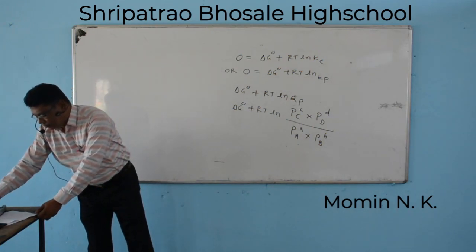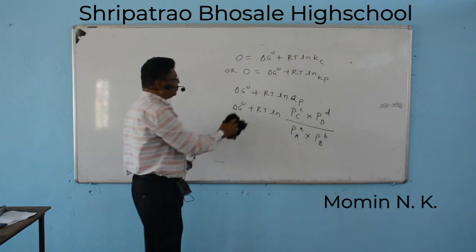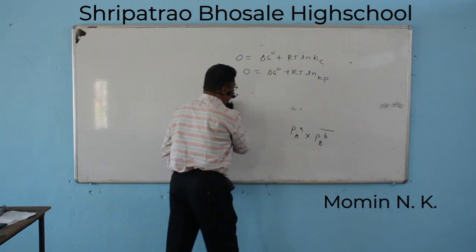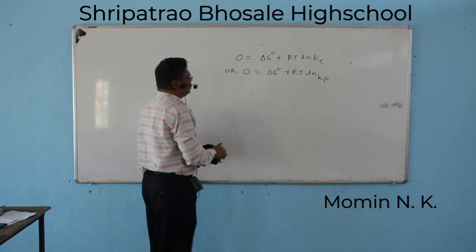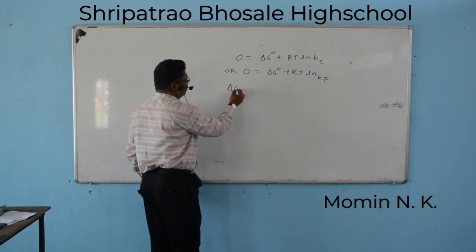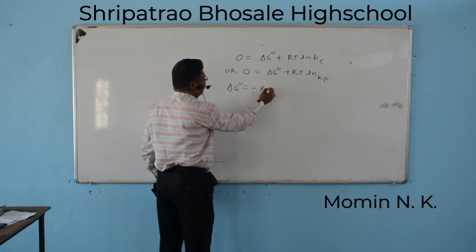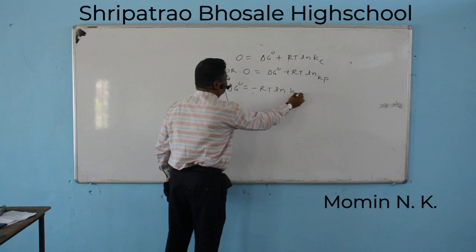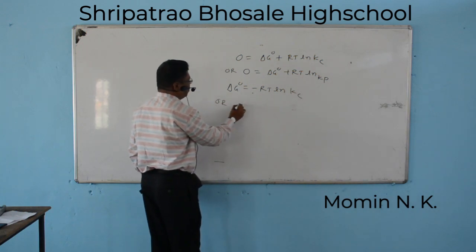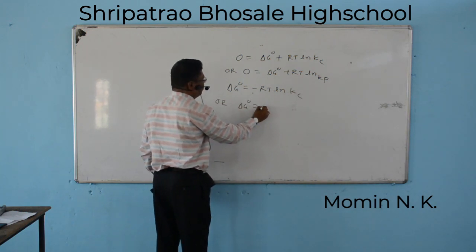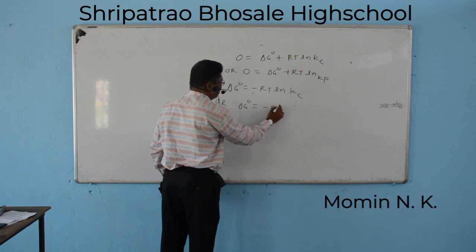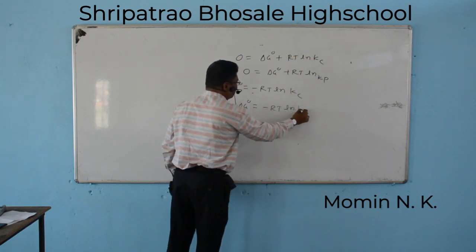Or this equation may be written as delta G0 is equal to minus RT log of Kc, or delta G0 is equal to minus RT log of Kp.